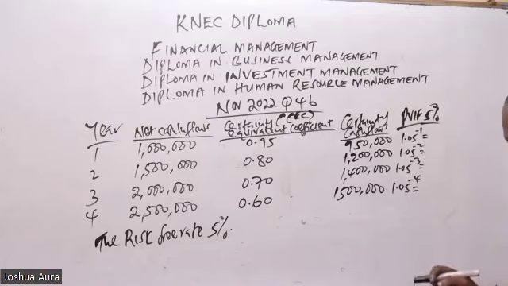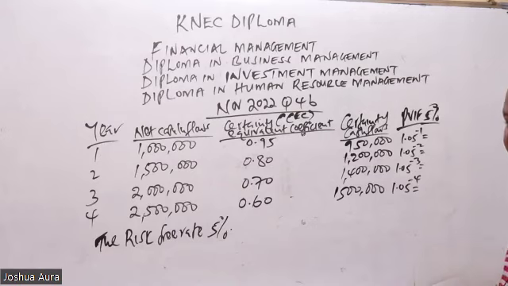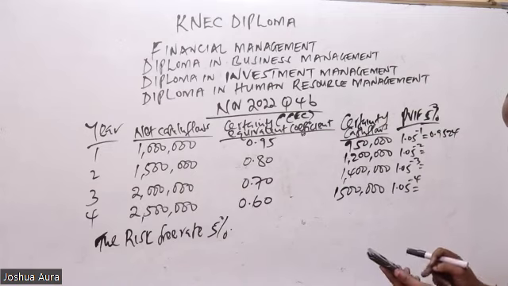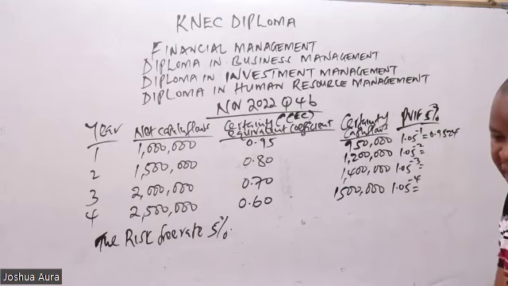What are we getting there? 0.9524. What about for year 2? Press 1.05 raised to negative 2. What are we getting? 0.9070.